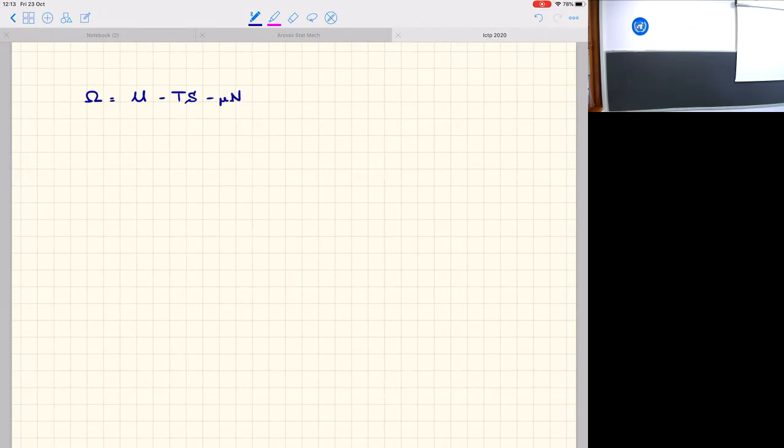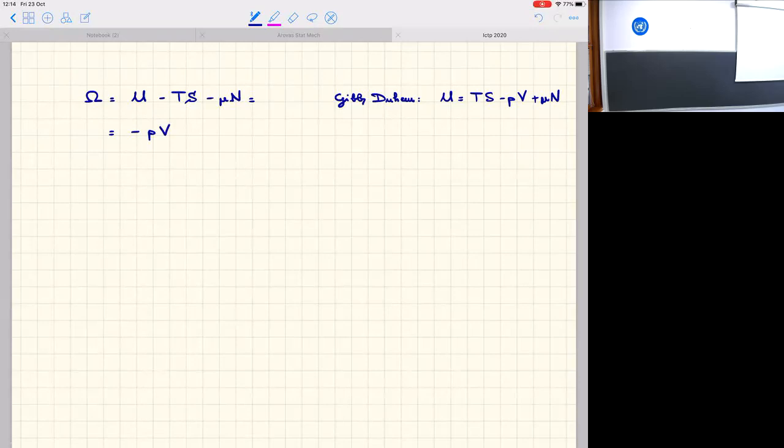But we know from the Gibbs-Duhem relation that U is equal to Ts minus PV plus mu N. This is the Gibbs-Duhem relation. And therefore, if you substitute it here, you get that this is equal to minus PV.